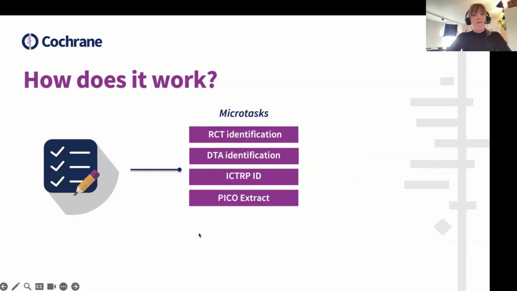And so in terms of the micro tasks available, we have certainly more than one now. We use what we call our mainstream tasks for Classmate. So in Cochrane Crowd, we have a class of tasks called our mainstream micro tasks. And these are long-term tasks that aren't going anywhere. We need these tasks around for a long time. And they are around helping to identify different types of studies and helping to describe those studies.